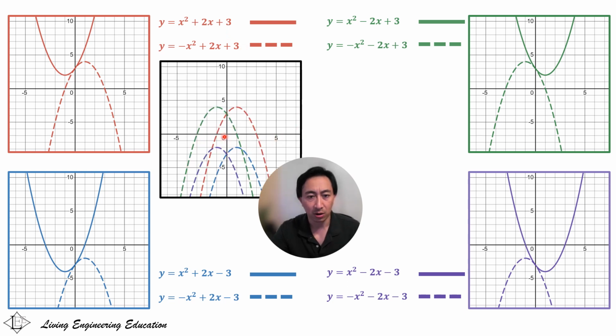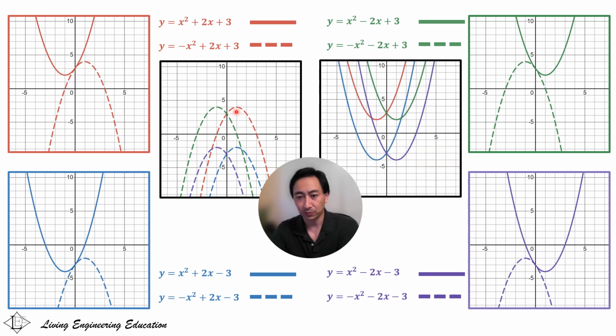And here I'm looking at all the negative x squared components all linked up here, so you can see the purple and the blue are directly mirrored across the y-axis, and then if we shift them up by changing the c value, then we get this green and red dashed lines, which are also mirrored across the x-axis.